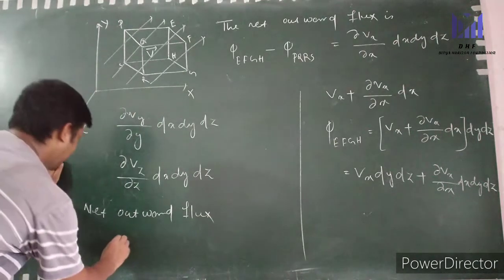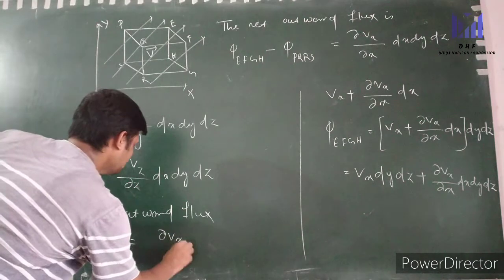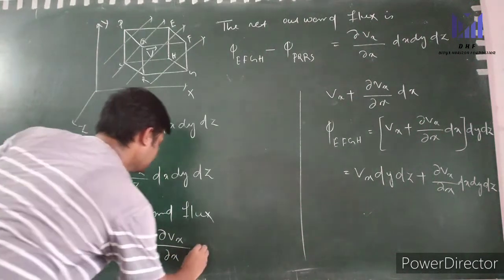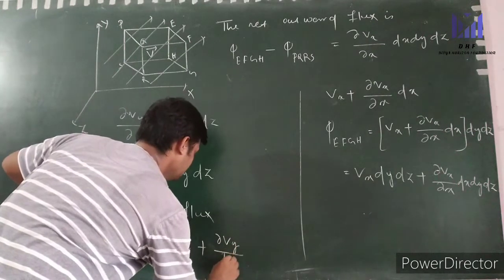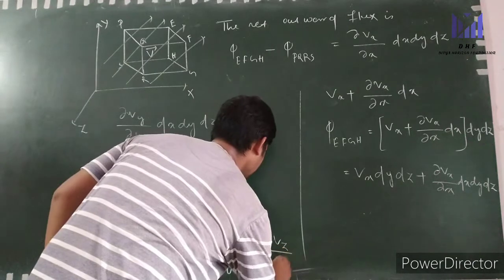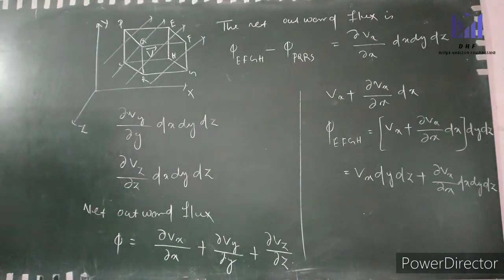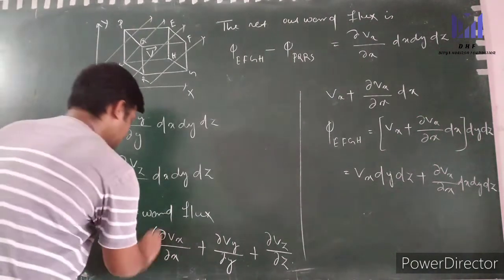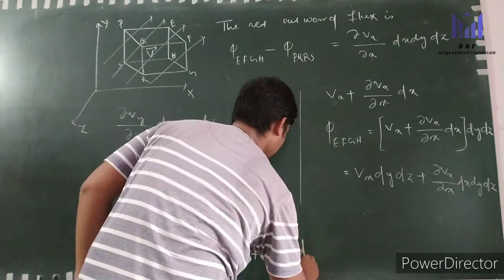Net outward flux phi will be equal to del Vx by del x plus del Vy by del y plus del Vz by del z. This is the net outward flux, into the common term dx dy dz.